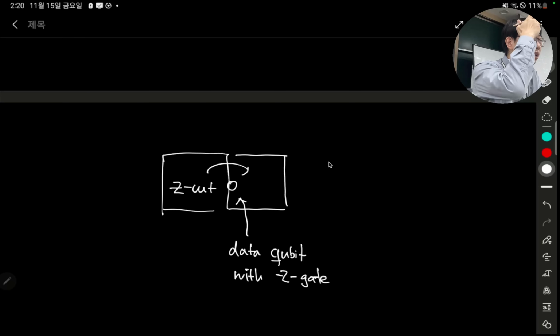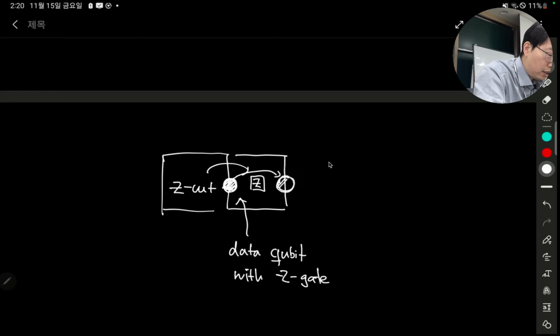So how do I do that? I need to turn off the Z stabilizer. Z stabilizer was here, so let's say Z stabilizer in the square. I need to turn it off. But if I turn it off, then since I had a Z gate here, I don't detect any change in here. So in order to have this detected, I need to move my Z gate to be in this data qubit. Okay.